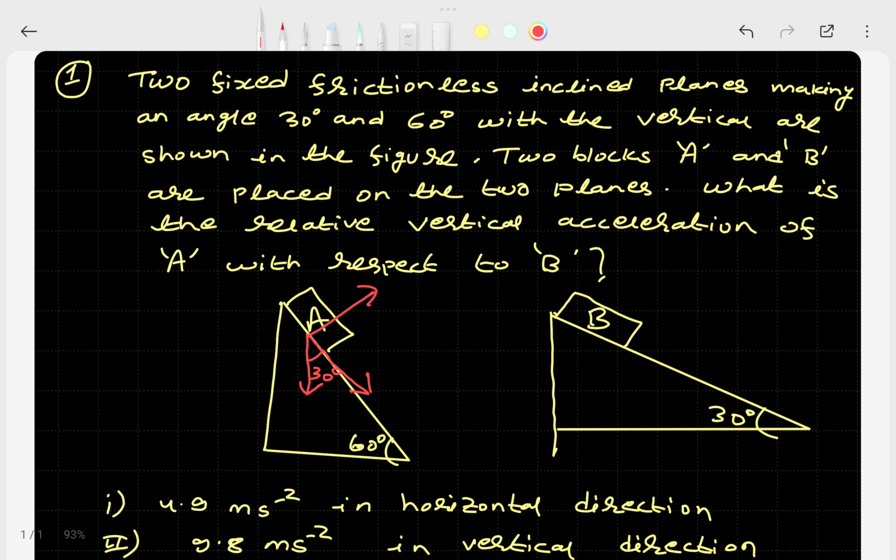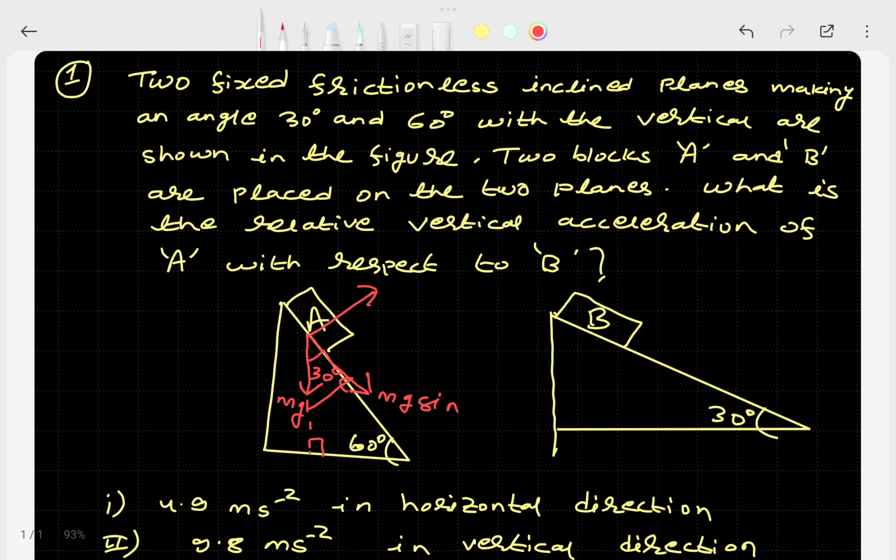Now if block A has mass m, then it will be mg, then this will be mg sine 30 or cos 60. If you draw the projection here, it will be mg cos 60. So mg cos 60 means mg cos 30, that means mg sine 60 degree.